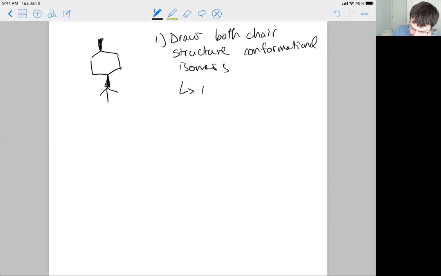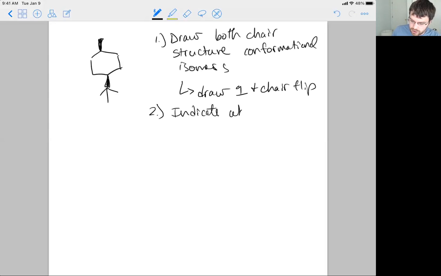So you draw one and then you do a chair flip. Step 2, indicate which is preferred at equilibrium. So indicate which is preferred at equilibrium.